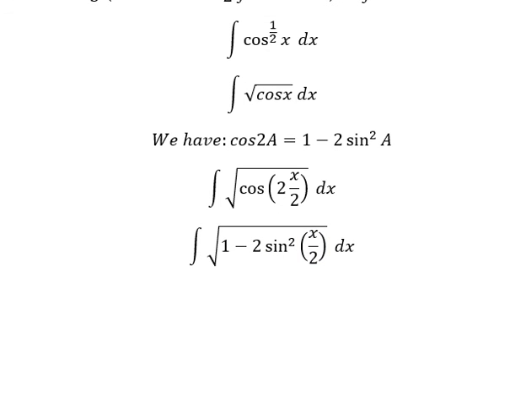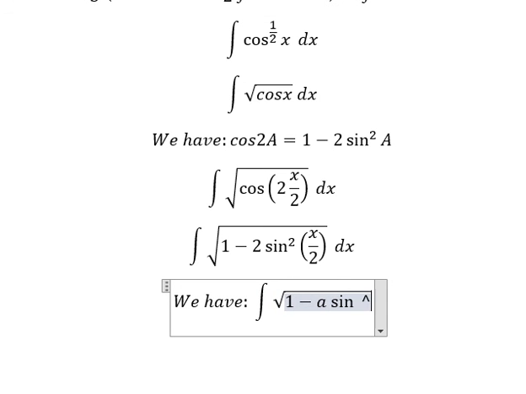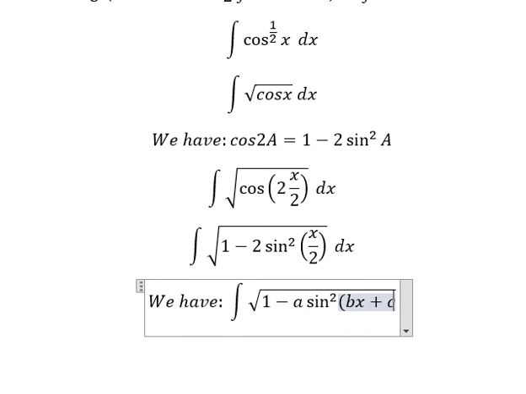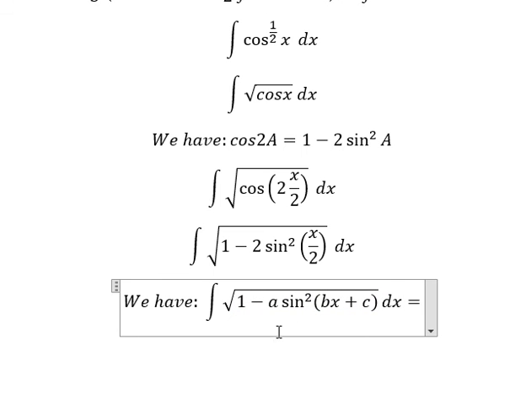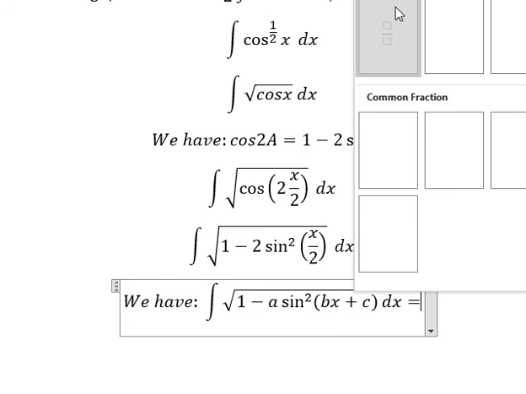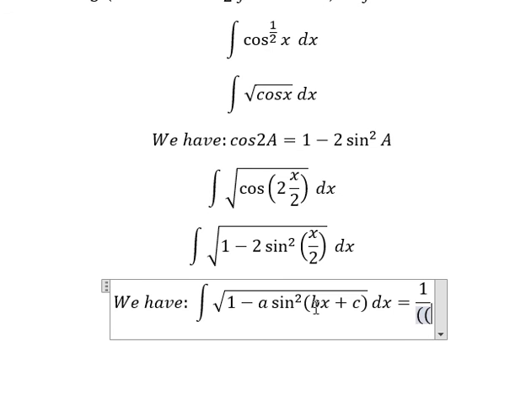Now, we have the formula in here. The integration of the square root of 1 minus a sine of bx plus c to the power of 2. So for this one, we have 1 over the first derivative of bx plus c.